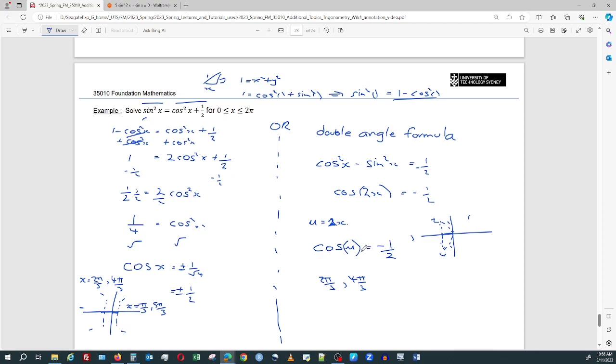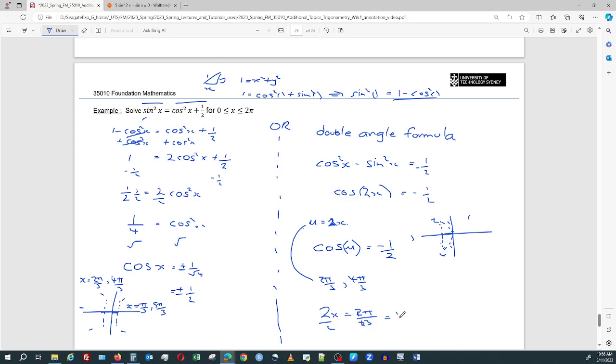Now we also said that u was equal to 2x. So we're going to solve this now for 2x. So 2x is equal to 2 pi on 3. So divide by 2.